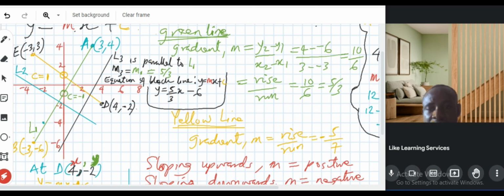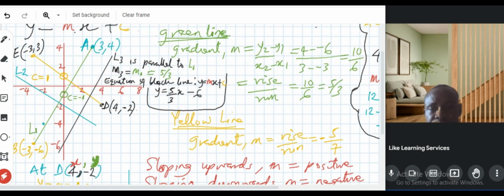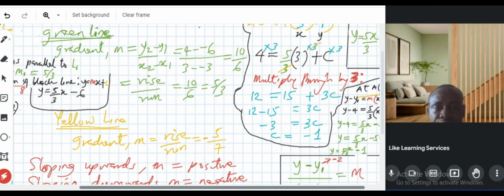For the green line, the intercept is minus 1. When x is 0, y is minus 1. For the yellow line, we found the intercept to be 6 over 7, where when x is 0, y is 6 over 7, positive.